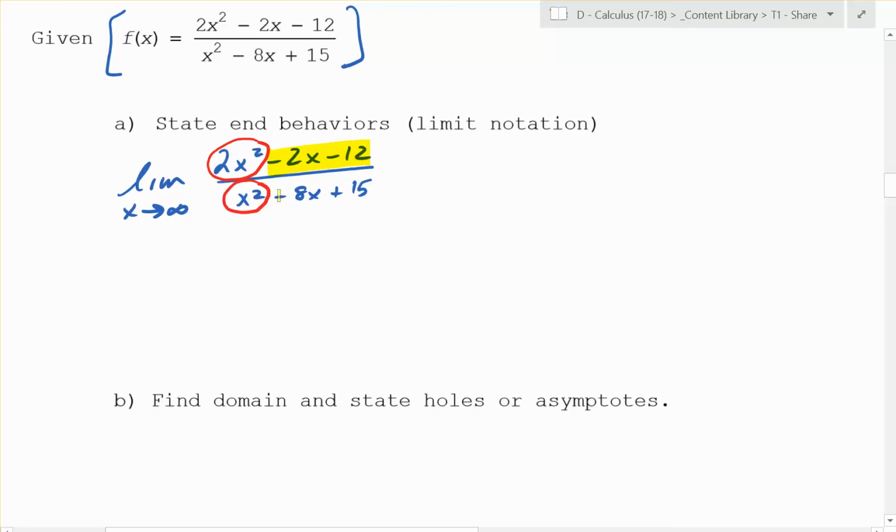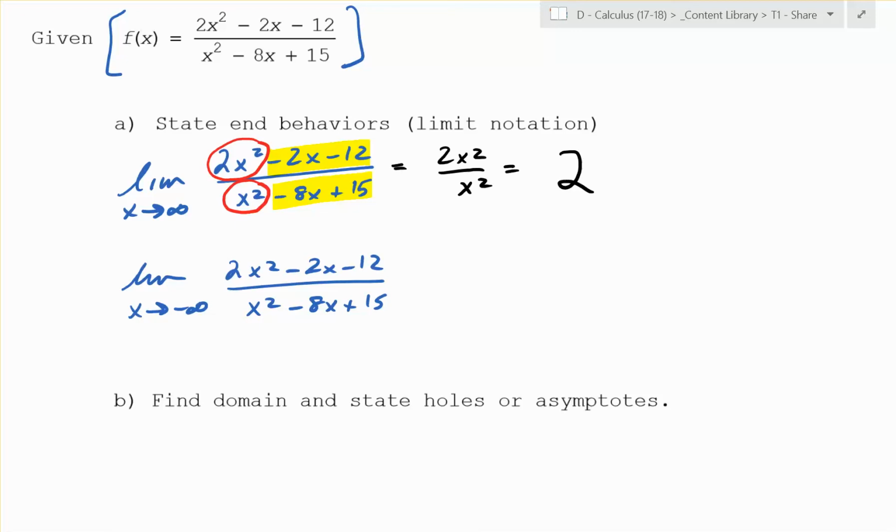So everything here really is going to get infinitesimally small in comparison to those two things. So this limit right here is going to be equal to what happens as x gets really, really big, to 2x squared over x squared. And in that case, it cancels, so it's 2. So as x gets infinitely big, it gets infinitely close to 2.